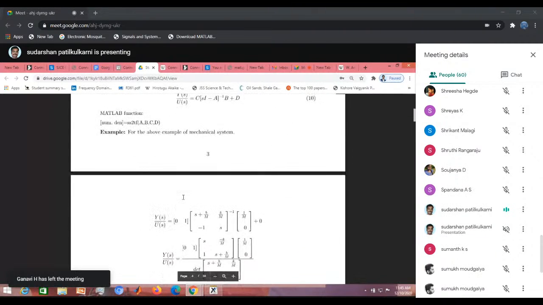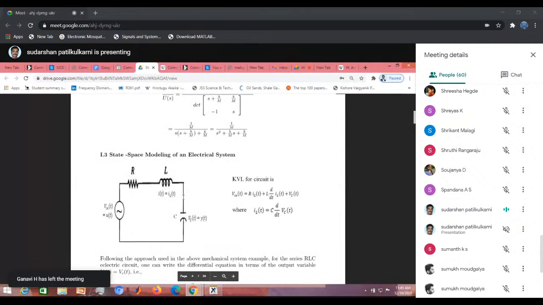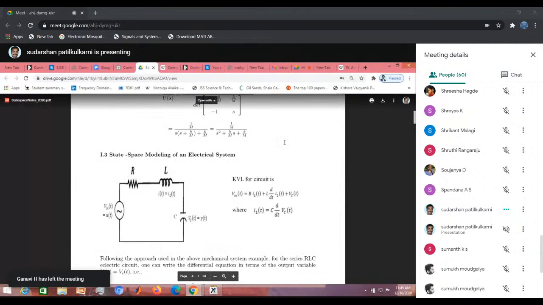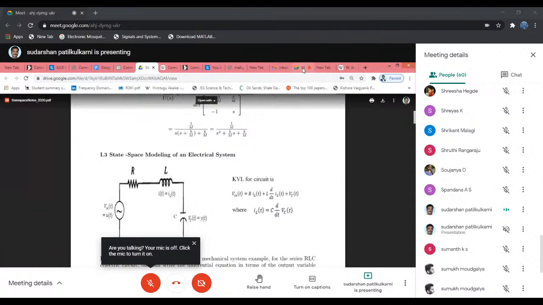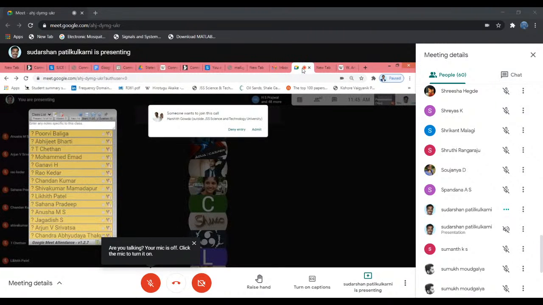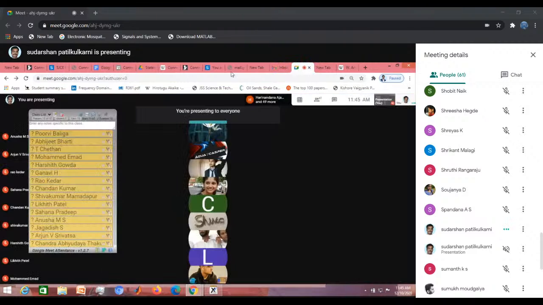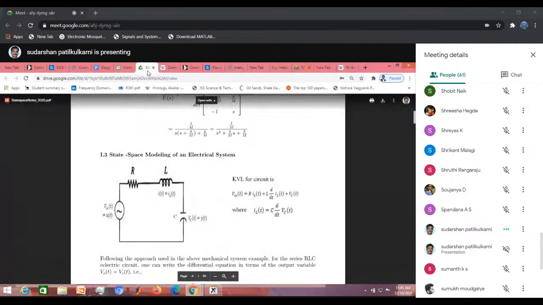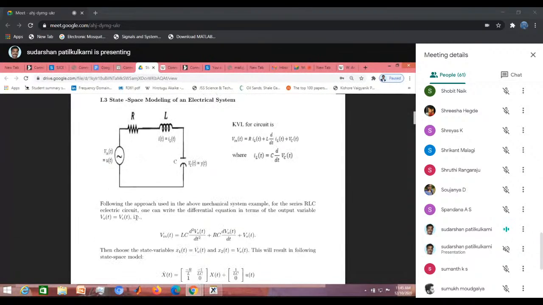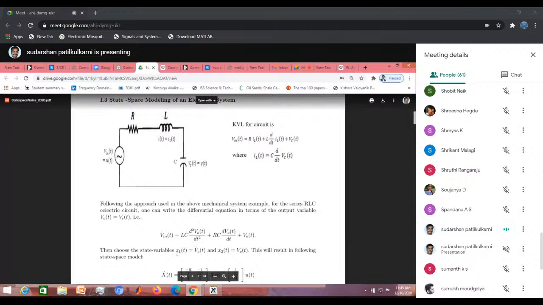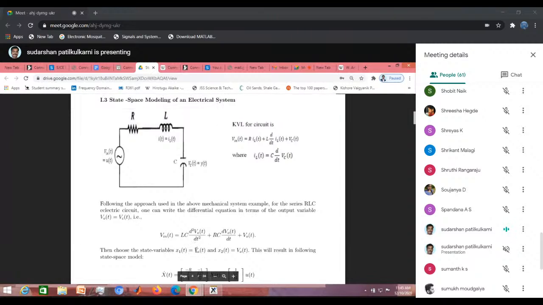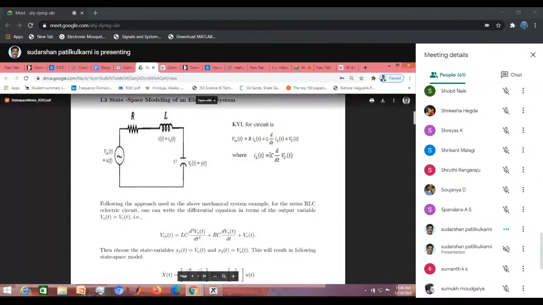We also modeled our series RLC circuit. So first we modeled it using x1 of t as dVc by dt, x2 of t as Vc of t.